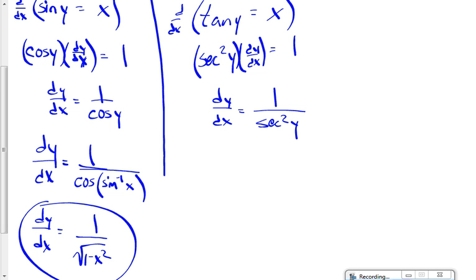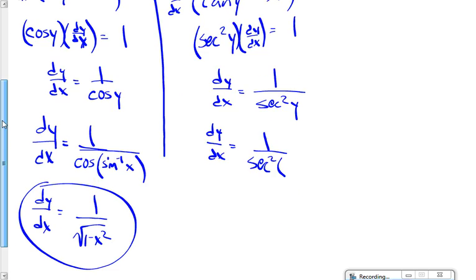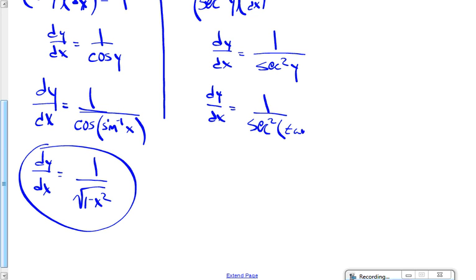Where do you suppose you're going to go? To the previous page. So we're going to change the y to, well, actually, we've got to change the y back before we go back to the previous page. So dy dx is equal to 1 over secant squared of inverse tan of x. Now you're going to go to the previous page in the notes.